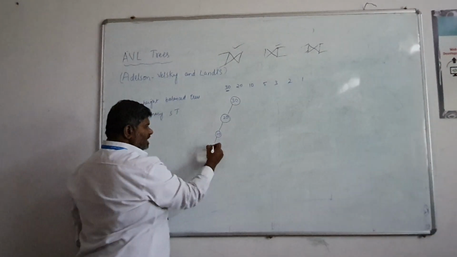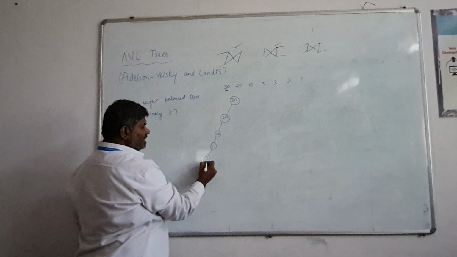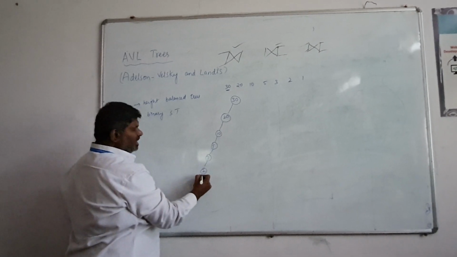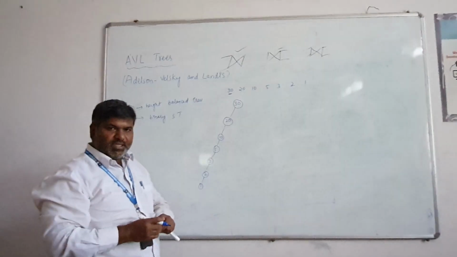Again 5 is less than 10, then 3 is less than 5, then 2 is less than 3, and 1 is less than 2. So in this way the tree will be constructed.